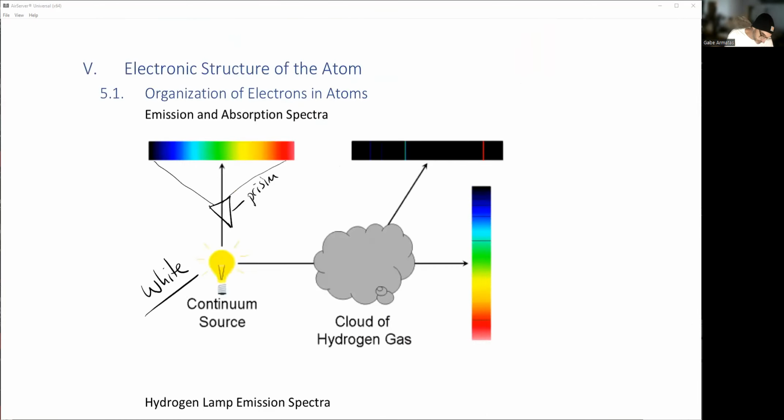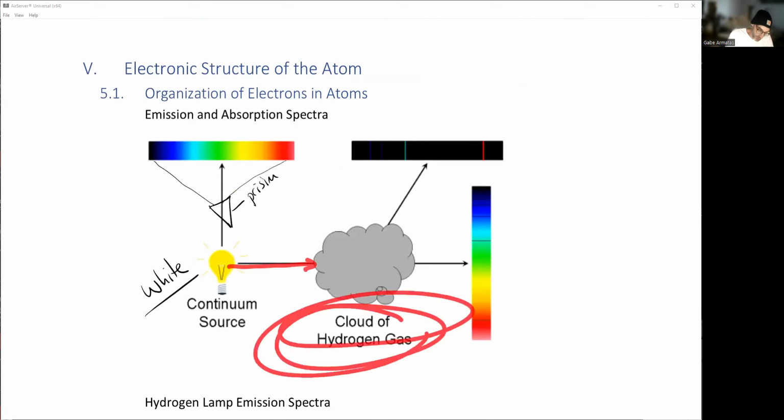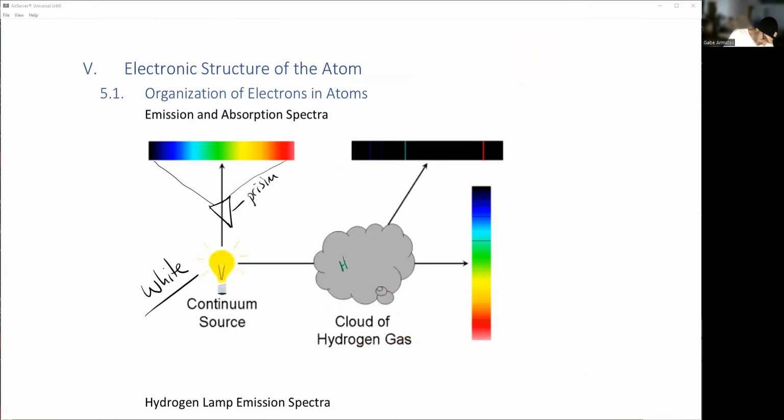Interestingly enough, if this white light source is passed through a cloud of hydrogen, so there's just a bunch of hydrogen atoms and hydrogen molecules, we see something interesting happen. Chemists and physicists did this, where we put a light through here and it again gave us this spectrum, but we noticed that something was missing when the light came out.